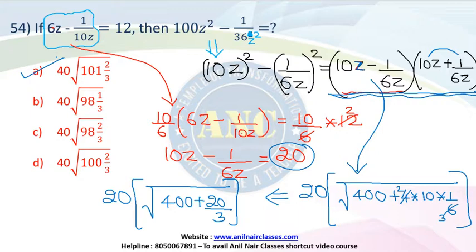Whenever the coefficients of x and 1 by x are not equal to 1, your final result will become square root of k square minus 4. For that 4 you should multiply by the coefficient of x, which we generally call a, and the coefficient of 1 by x, which we generally call b. So finally it will reduce to square root of k square minus 4ab.